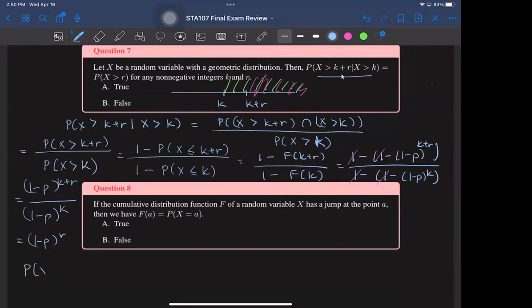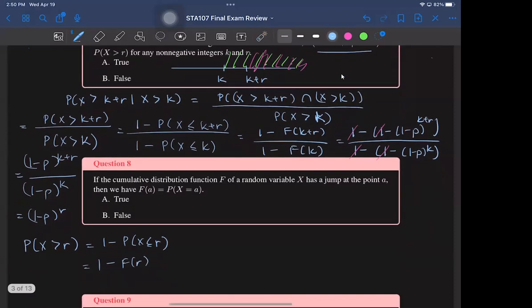And I will look at the probability that X is greater than r. It is 1 minus the probability that X is at most r. And again, this is just the CDF. F of r is 1 minus p to the power of r. And the 1s cancel. I am left with 1 minus p to the power of r.